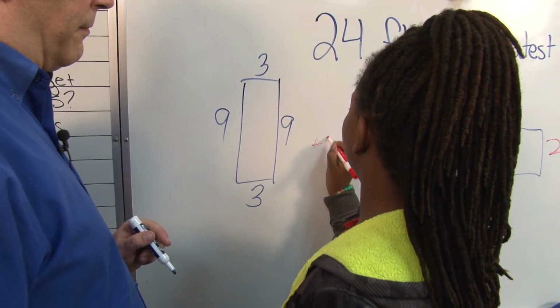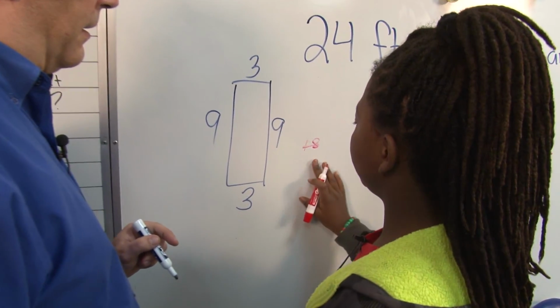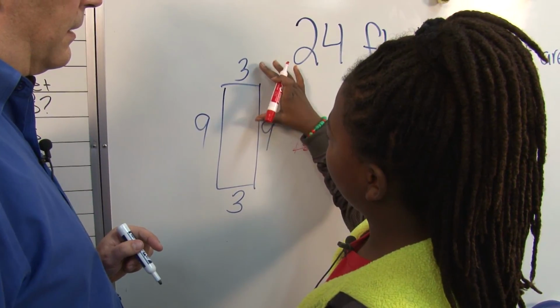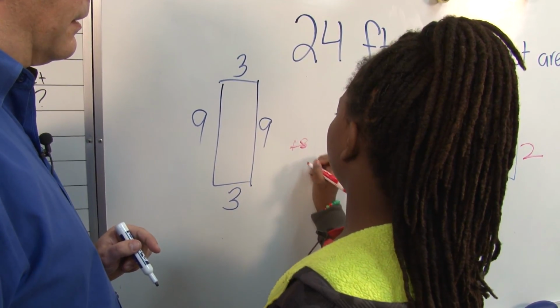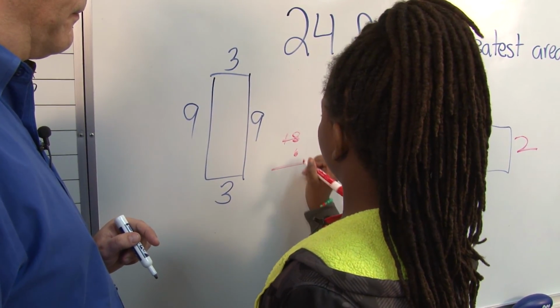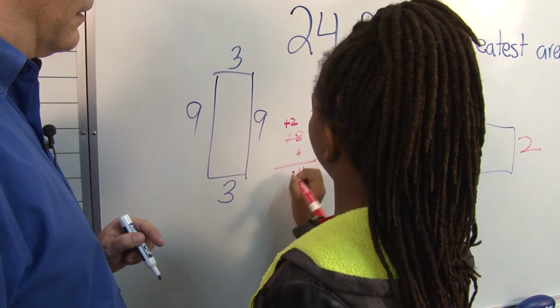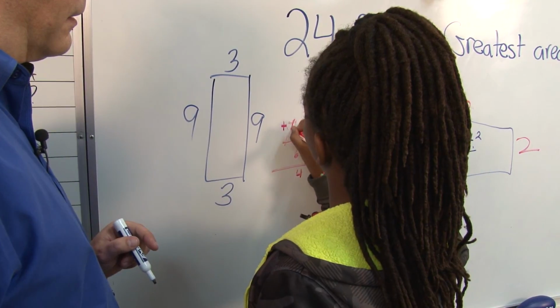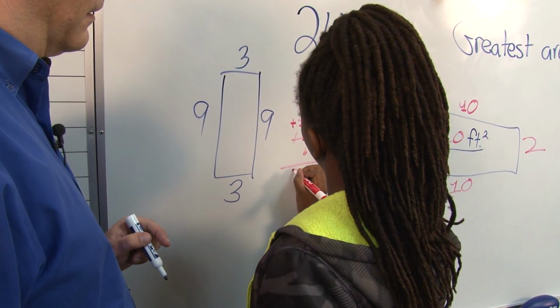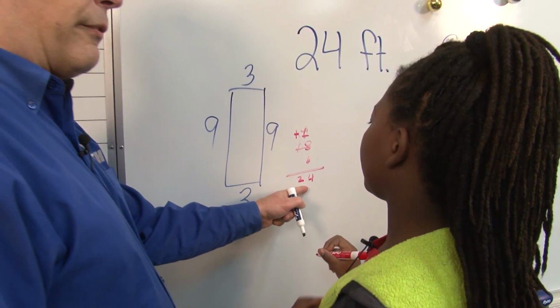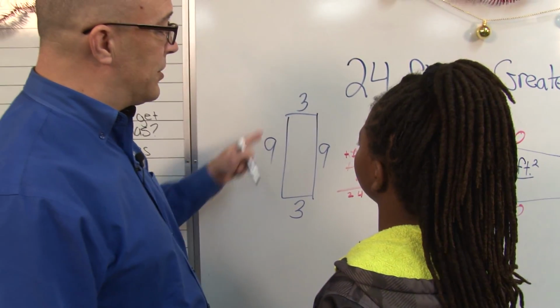Right? And then after we do that, we add 3 plus 3, which equals 6. So in total, it would be 24 feet.